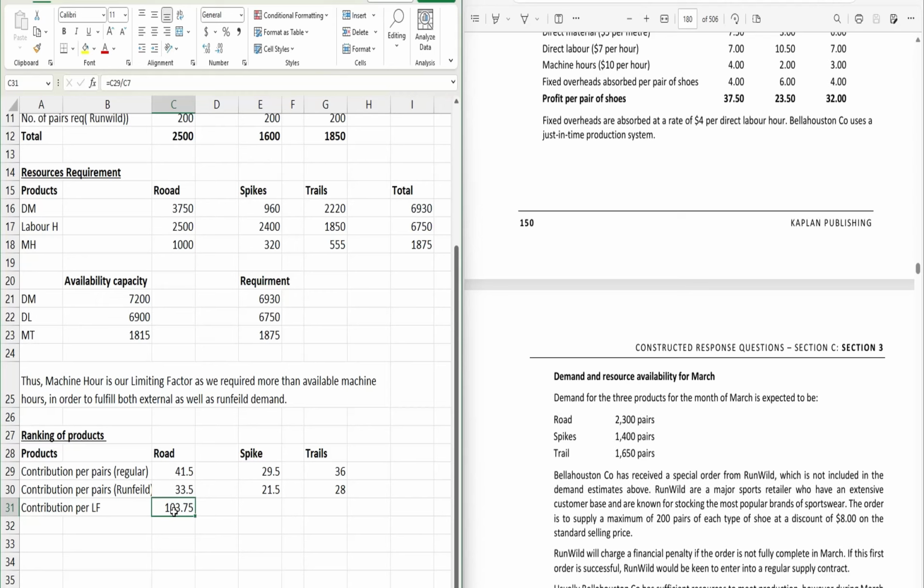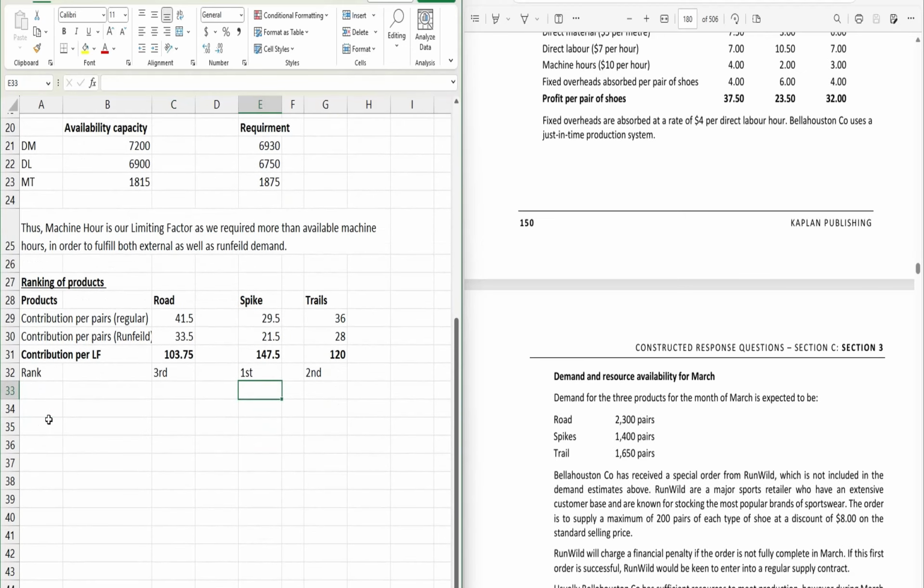So based on the regular demand, we have calculated the contribution per limiting factor. Now we will rank the products by maximum contribution per limiting factor, which is spike. So we will produce the spike first, then second will be trial because it earns the second highest contribution, and the road will be third. So this is the ranking of the products.